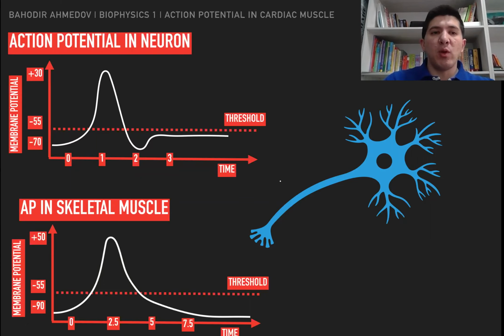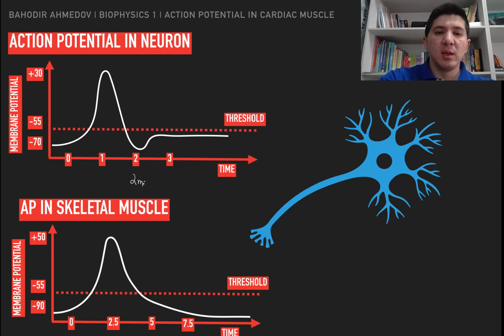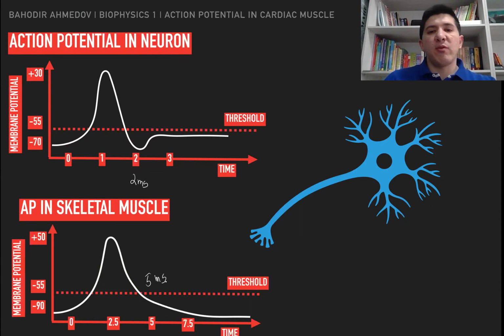For example, the action potential timing for the neuron is about 2 milliseconds, for the skeletal muscles it might be 5 milliseconds, and for the cardiac muscles it might be longer. So we're going to discuss how it works for the cardiac muscle. This is our objective for this lecture.